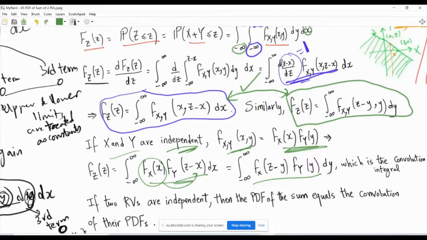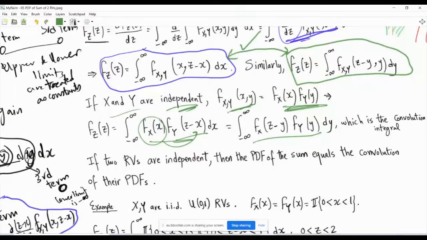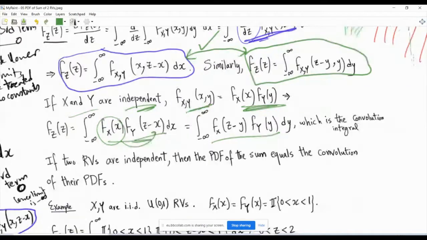So if there is independence, the joint distribution can be written as a product of the marginals, and this may make the integration a bit easier, but you still have to do an integration. And if you are familiar with the operation of convolution, what we have here is convolution.